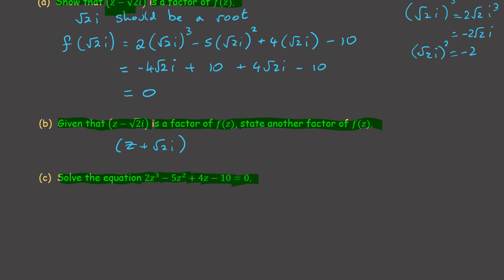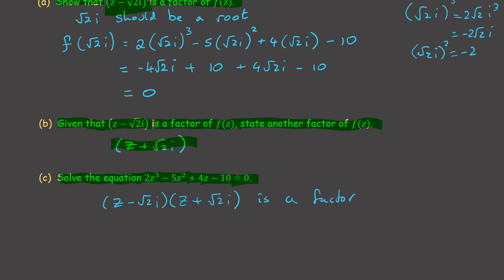Well, we know that this is a factor, z take away root 2i, and we know this is a factor, z plus root 2i. Therefore, z minus root 2i, z plus root 2i is a factor.